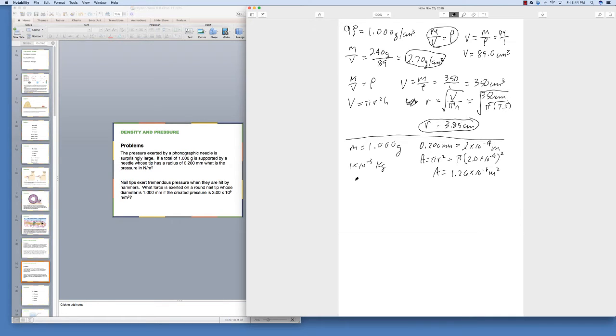And so pressure is force divided by area, which is going to be mass times gravity over area, which is going to be 1 times 10 to the minus 3rd times 9.8 divided by 1.26 times 10 to the minus 6, and you do all of that and you get 7.80 times 10 to the plus 4 newtons per meter squared, or pascals.